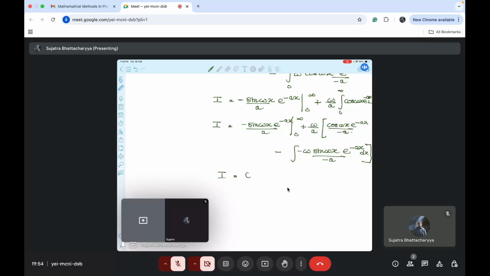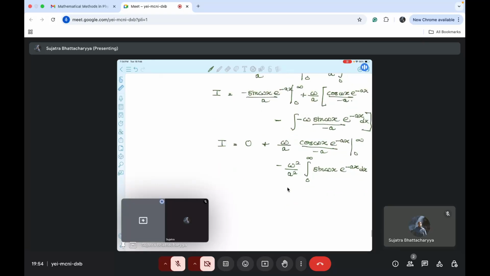So it is completely 0, plus omega by a, you have cos omega x e to the power minus ax divided by minus a from 0 to infinity, and minus minus becomes plus, and this is a minus. So it will be omega square by a square, sine omega x e to the power minus ax.